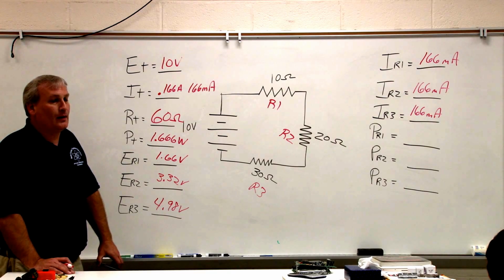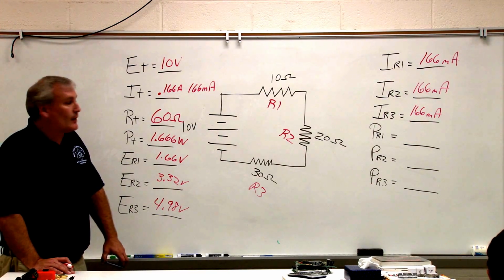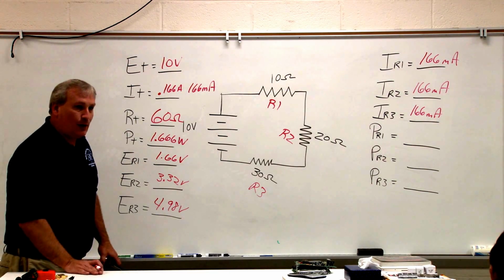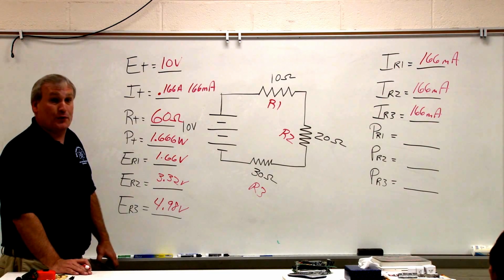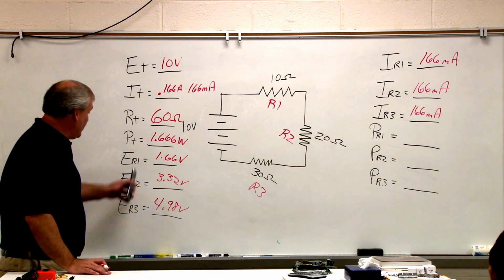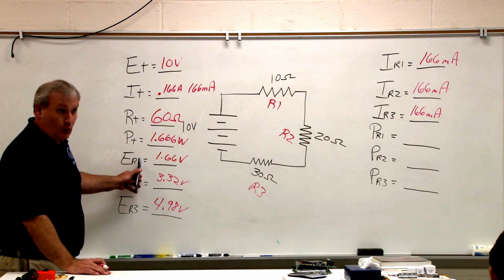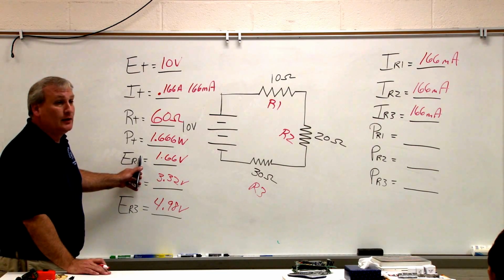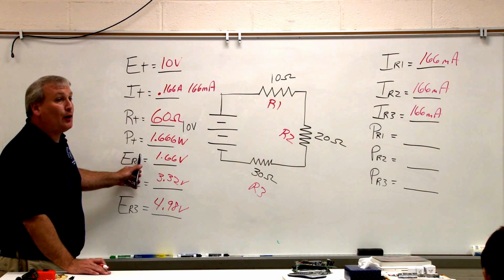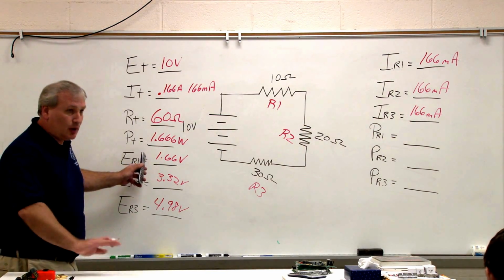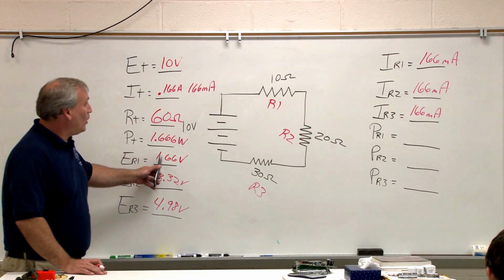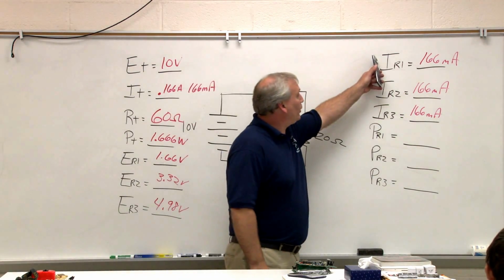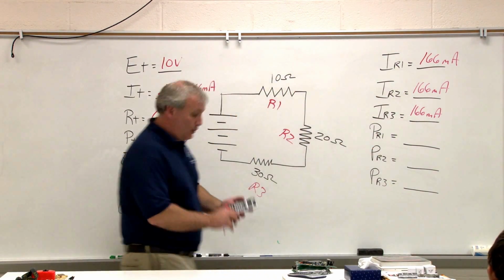Seth? Take ER1 times IR1. The formula for power, as David said earlier, is volts times amps. So you're going to take the volts of R1, because we're talking about ER1, and times it by the current through R1. We're just going to plug the numbers into the formula: ER1 times IR1 equals PR1.